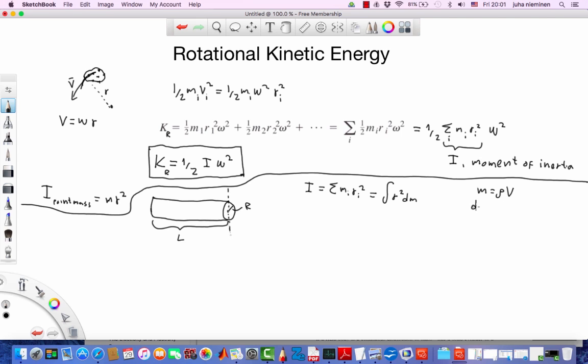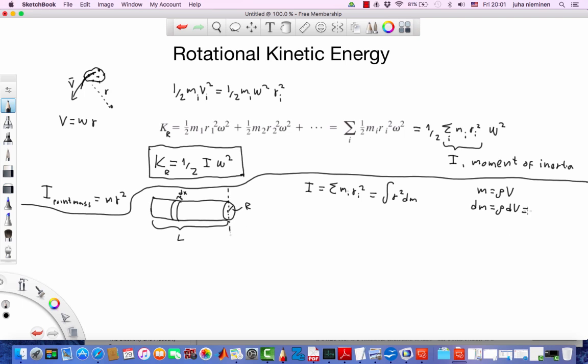Or what is the volume of this infinitesimally small piece of the object? And we have to be clever about this before we go with integration. So this is a rod, so it makes sense to integrate over the length of it and analyze just thin slices of it that have some width dx, and of course the area of every slice is just the area of the rod at the end, so pi r squared.